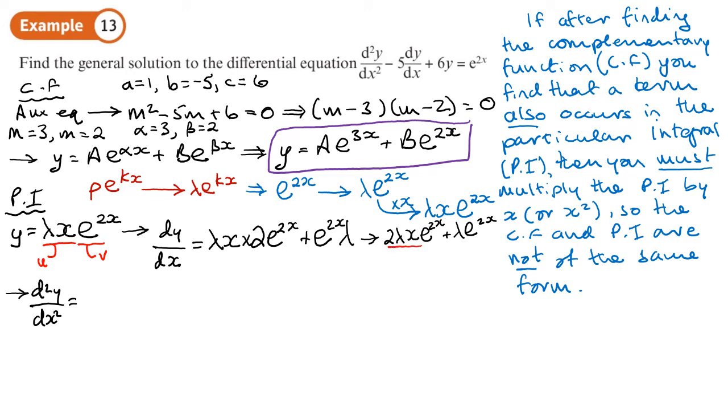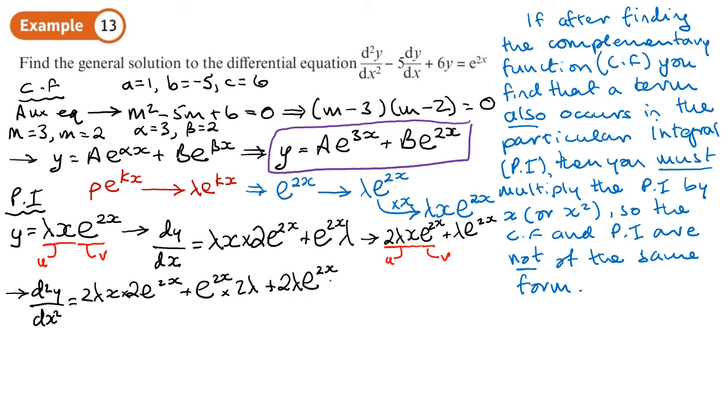So if I call this bit u and this bit v, then I will have 2 lambda x times by v dash, which will be 2 e to the 2x, plus v times by u dash, which will just be 2 lambda, plus that last term differentiated, which would be 2 lambda e to the 2x.